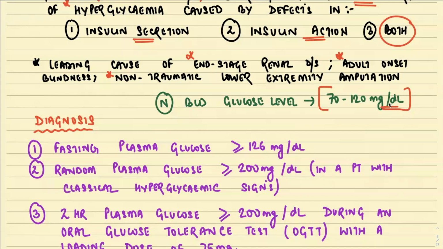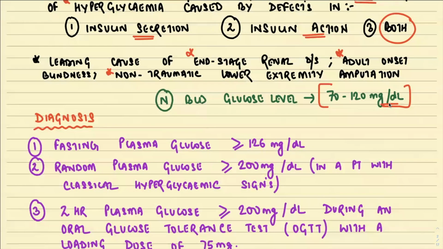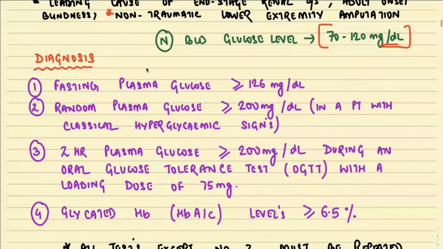Now, a very important thing that we have to understand, we should know very precisely what the diagnostic criteria of diabetes mellitus are. So when can we say that the person is diabetic? Either the fasting plasma glucose level is more than or equal to 126 milligrams per deciliter, or the random plasma glucose level should be more than or equal to 200 milligrams per deciliter in a patient with classical signs and symptoms of diabetes.